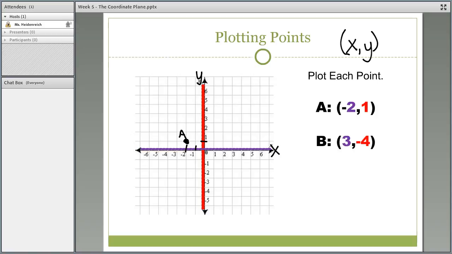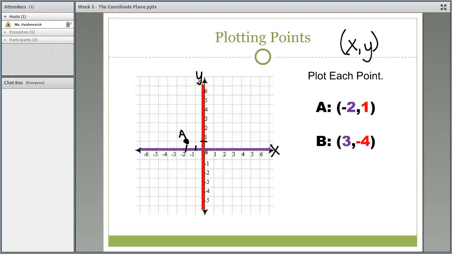Now let's try B. Actually, for B, I would like you to try this one on your own for a second. So point to where you think on your screen B is going to end up. I'm going to give you a minute to think about it, and then I'm going to put the answer up. So I want your finger to be pointing to where the point is for B. Okay, we're going to check here.